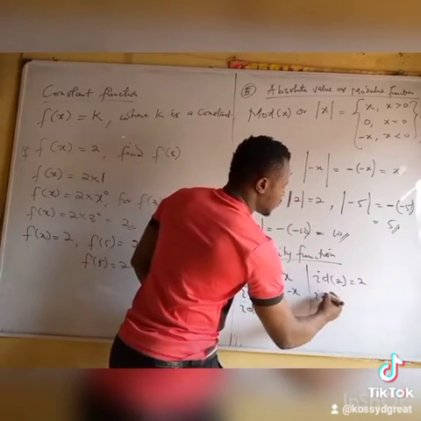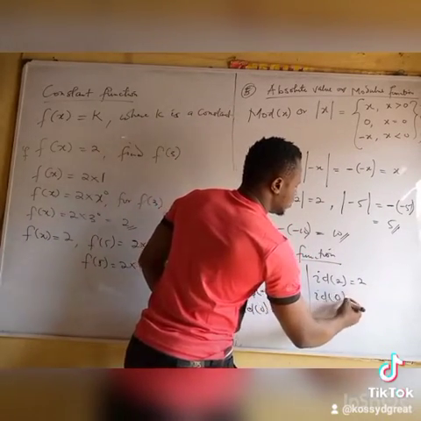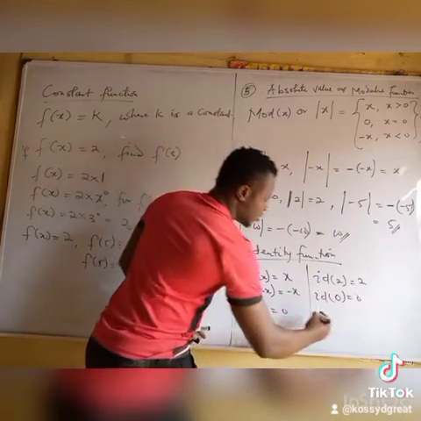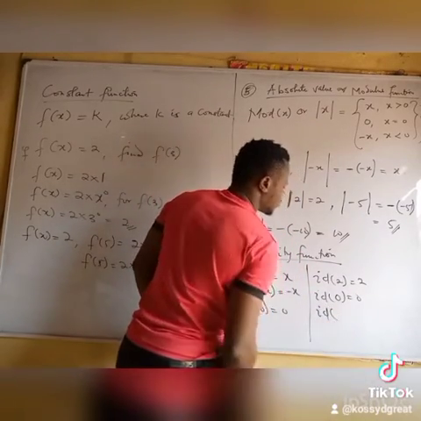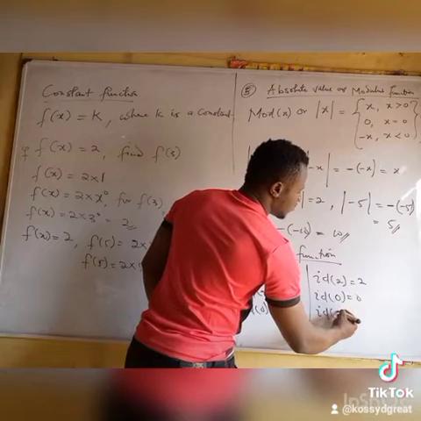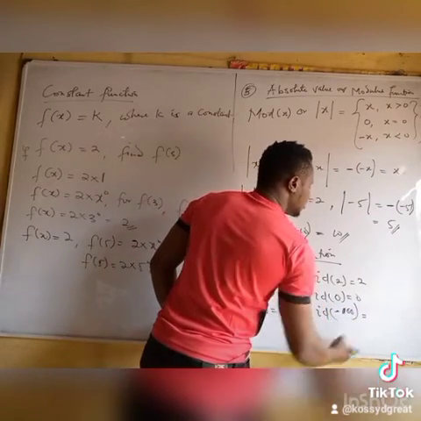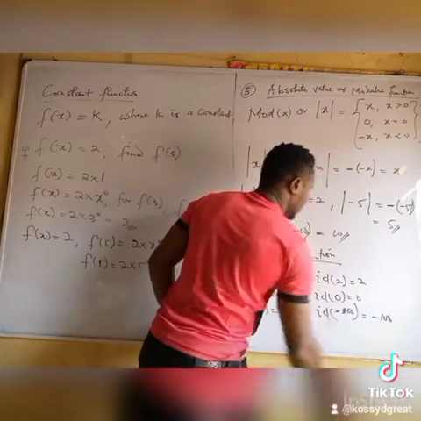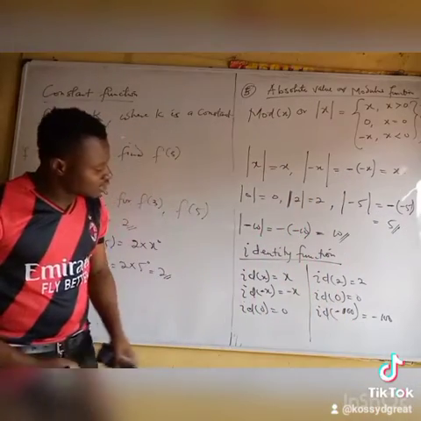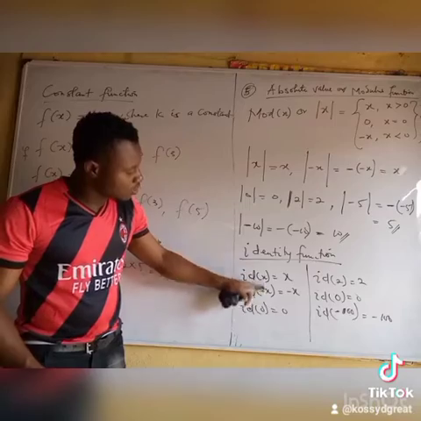The identity of 0 is equal to 0. The identity of, maybe I say I want to use minus 100, it will still give me minus 100, because the identity of any value x is that value.